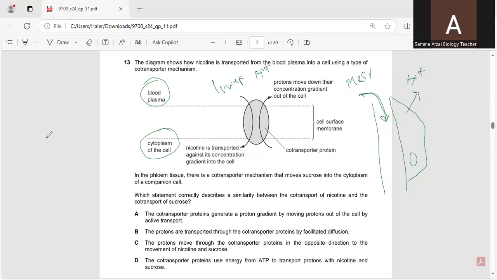But at the same time, the sucrose has to enter, and when sucrose enters, these hydrogen ions will also enter. So both of them will enter against their concentration gradient, with the help of facilitated diffusion.